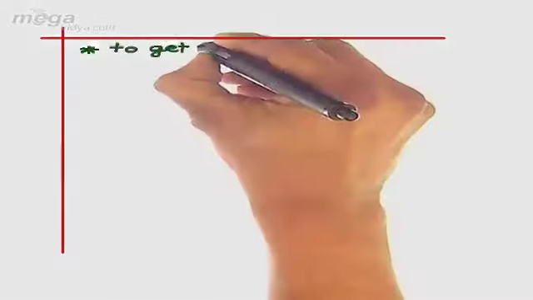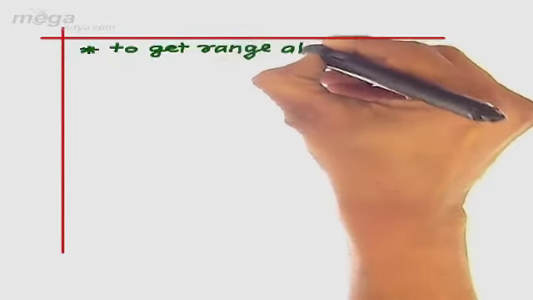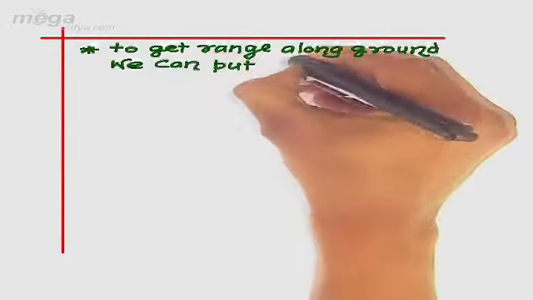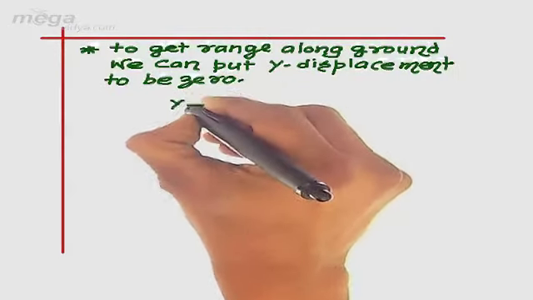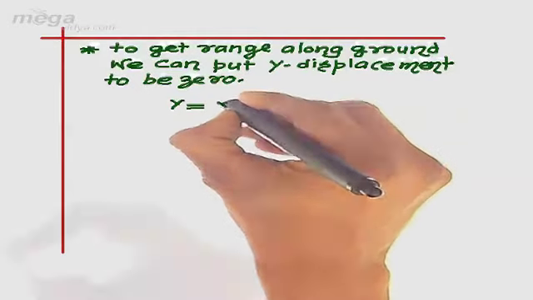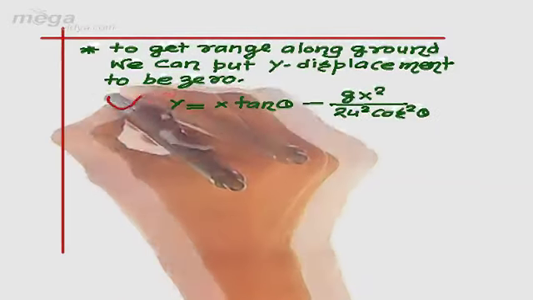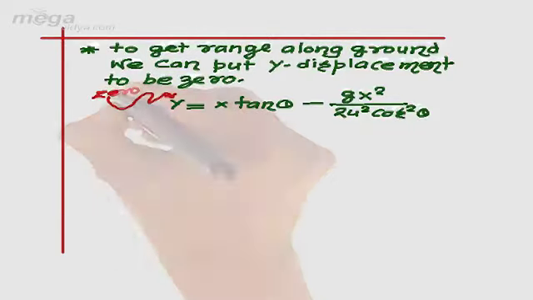The next point about the equation of trajectory is that to get the range along the ground, we can put the y displacement to be 0. So in this equation of trajectory, we will just put y to be 0.